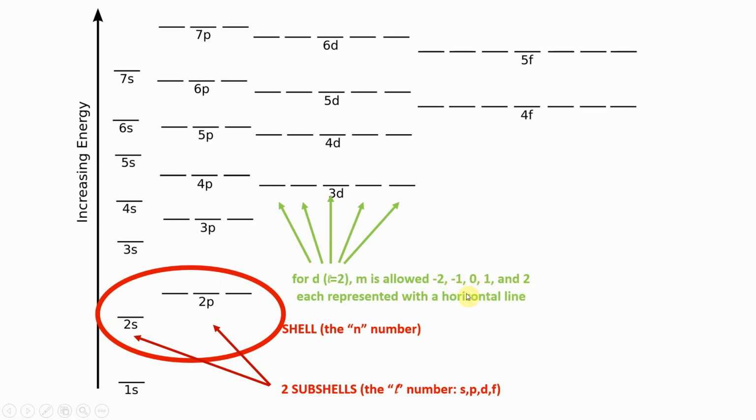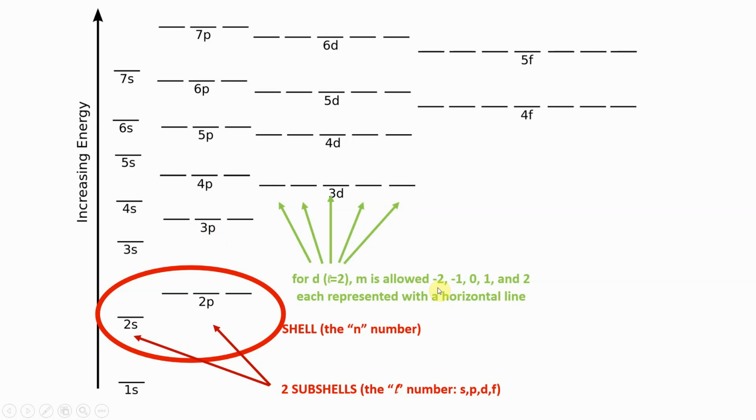Just how many there are. All right. So m for l is equal to 2, I'm allowed to go from -2 to 2. So I have 5. So for l is equal to 1, I'm allowed to go from -1 to 1. So I have 3. And for l is equal to 0, I'm allowed to go from 0 to 0. So I have 1.